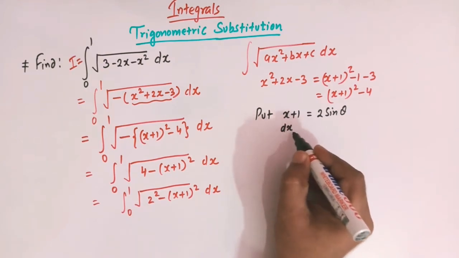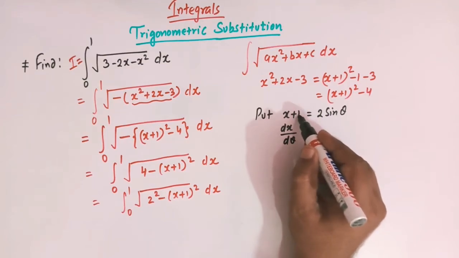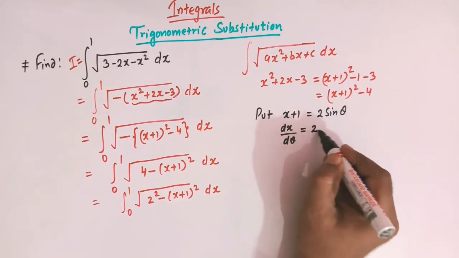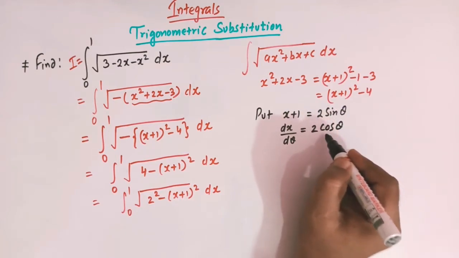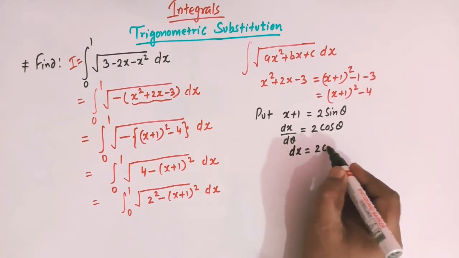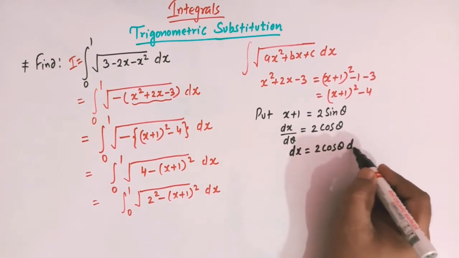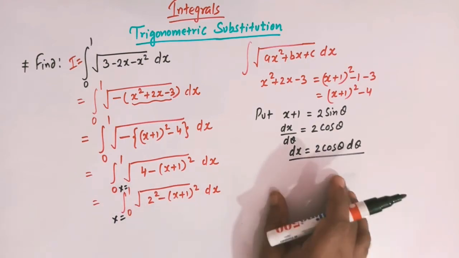So we have dx over d theta. The derivative of 1 is 0, and here we have 2 cos theta, since the derivative of sine theta is cosine theta. So now we can write dx is equal to 2 cos theta d theta, and see here x varies from 0 to 1, right? So we'll change the limits accordingly.